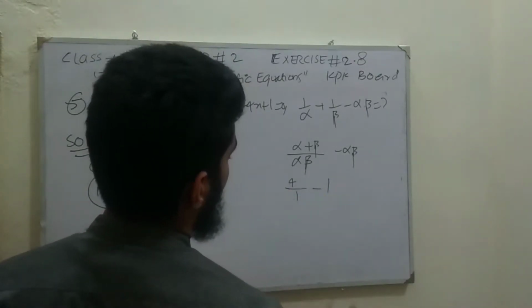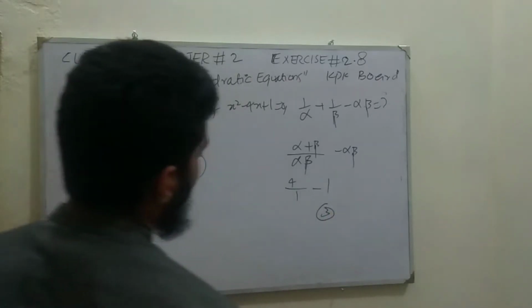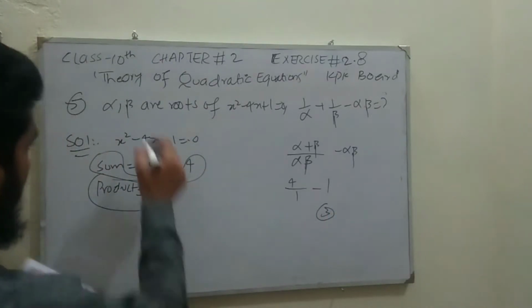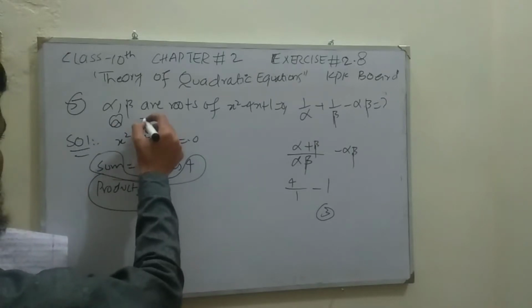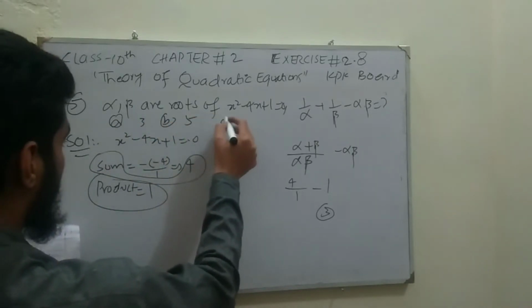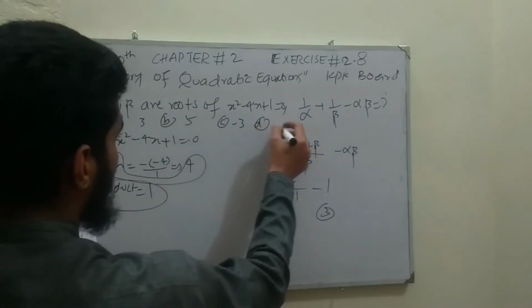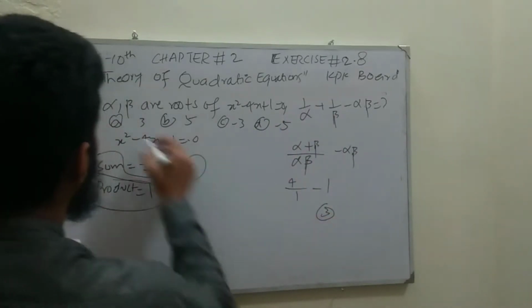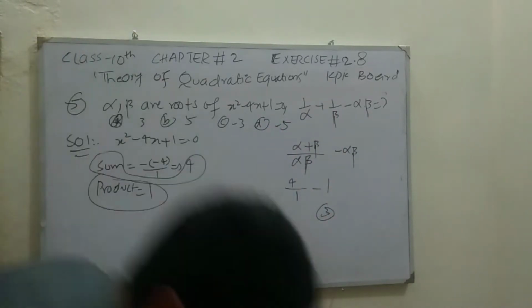So 4 minus 1 gives us 3. So the answer in this case is 3. Option A is 3, B is 5, C is minus 3, and D is minus 5. So the correct answer is 3, option number A.